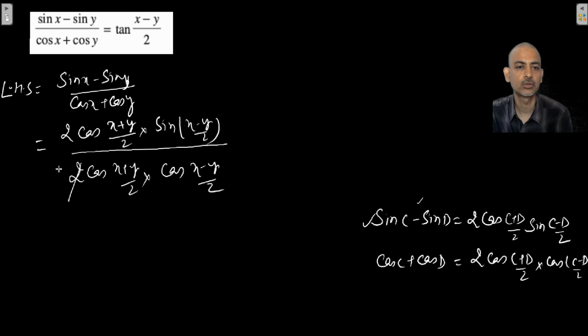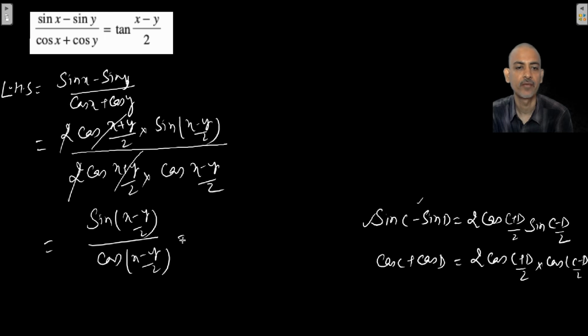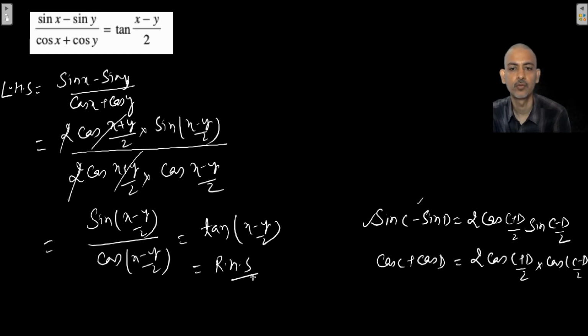Now the 2 gets cancelled out, cos gets cancelled out. So we are left with sin of x minus y by 2 divided by cos of x minus y by 2, which is nothing but tan of x minus y by 2, because the theta inside it is the same, x minus y by 2, here it is also x minus y by 2.